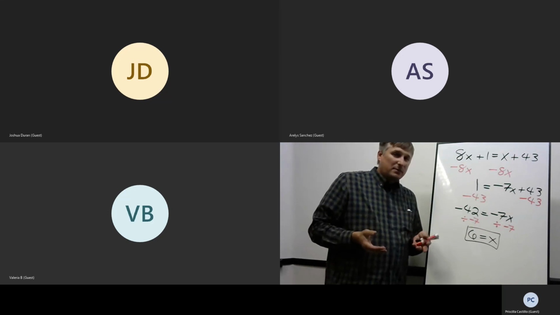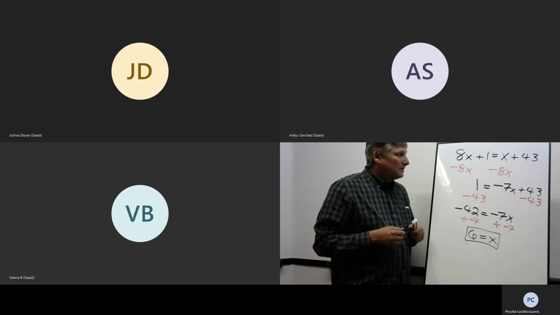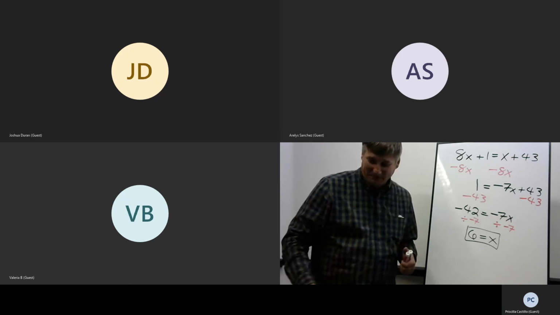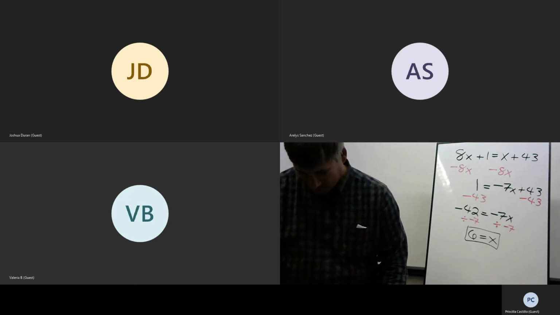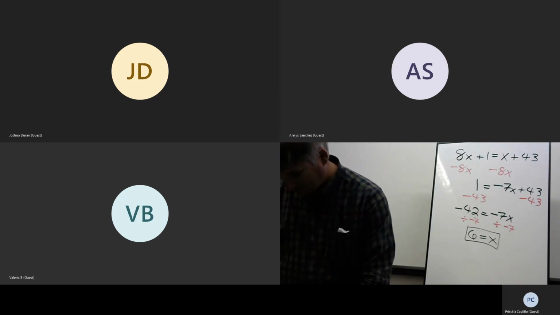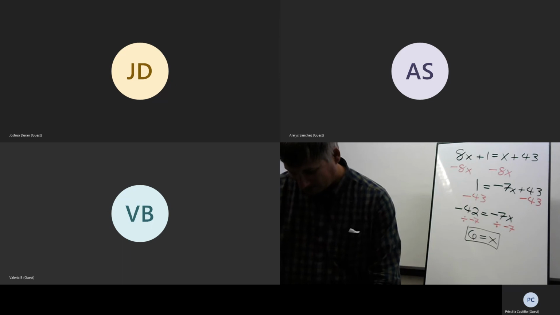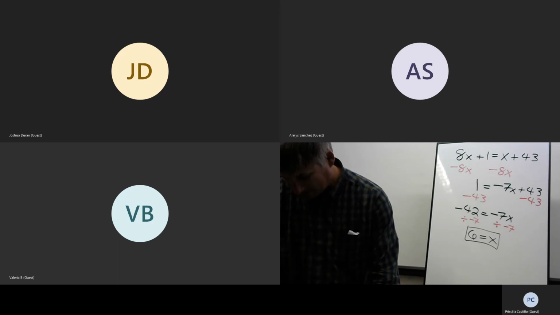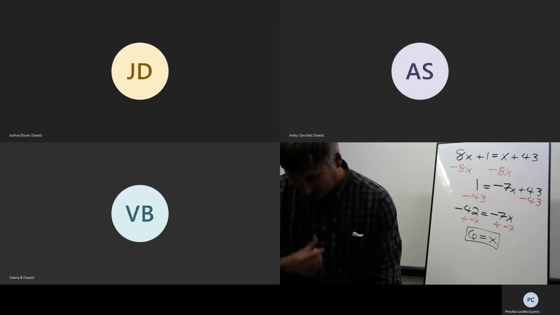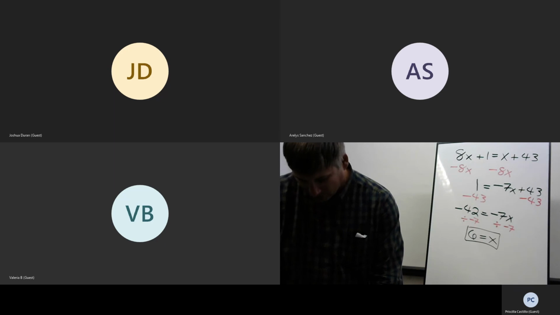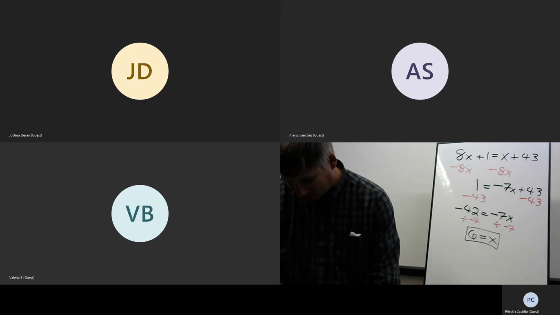So sometimes there's different approaches to these, and you'll still get the same result. There's a couple more of these I want to do before we get into the formulas.